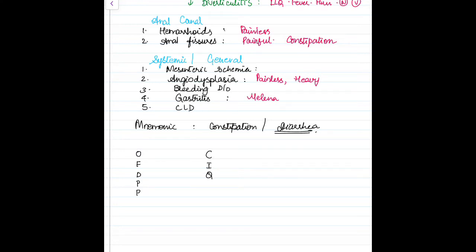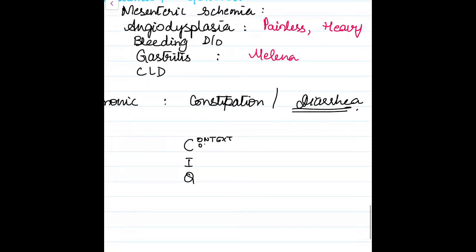So C is for context. It's for color. And from O you have odor. Context can be food, in relation to food.